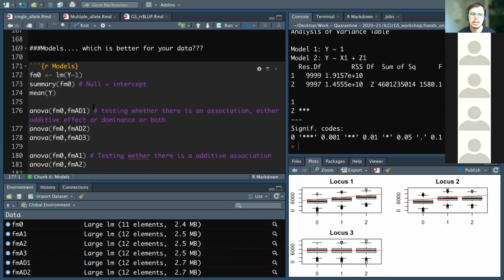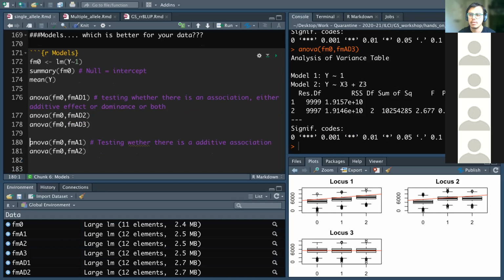As you can see, in the case of locus 1, we have a really small p-value, so that means that there is a genetic effect in the population. For locus 2, we have the same low p-value. And for locus 3, the allele that doesn't have any effect, the p-value is just by chance.